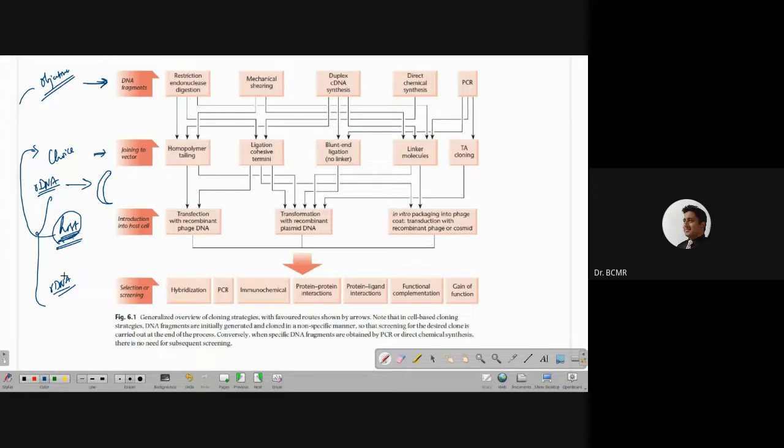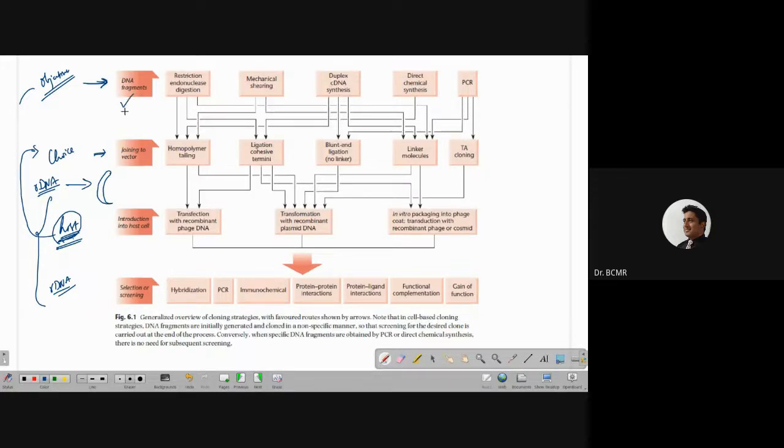I hope you're getting used to the terminology, and that should be fine. But let's have a summary of how genetic engineering happens, and the different paths that are possible for it.